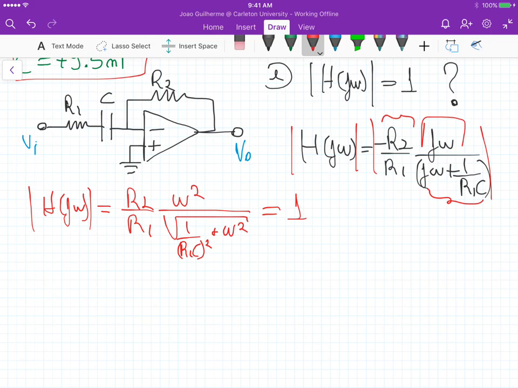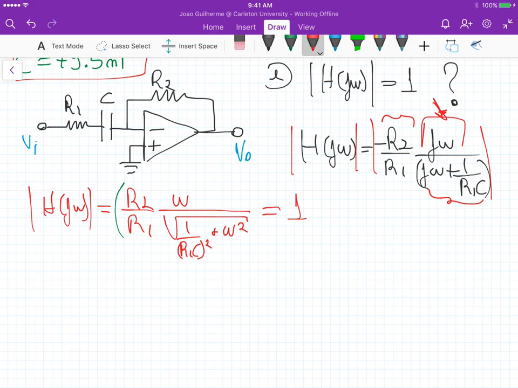equal to 1, right? So if we take the, sorry, this is not squared because it's the imaginary part squared, so it's the square root of this one here, so it's just ω, right?